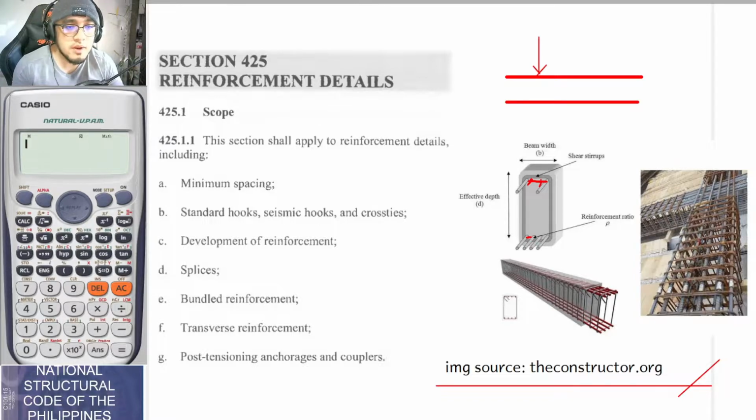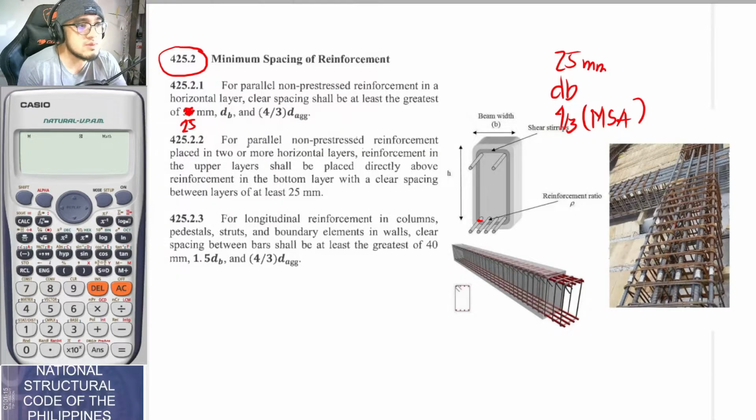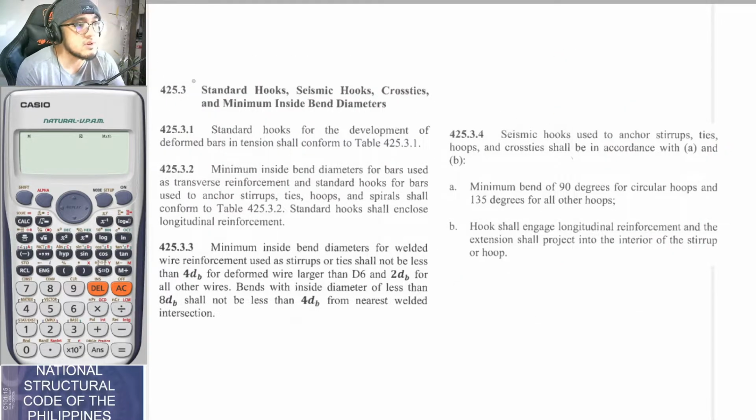So when I say formula based, direct substitution, input what is known, then there. So for example, if we want to know the standard hook, seismic hooks and cross ties, I should say. I'm sorry. So, we would just go to this provision, 425.3. And once again, I'll repeat, they are formula-based.